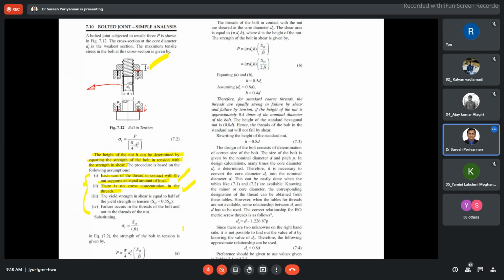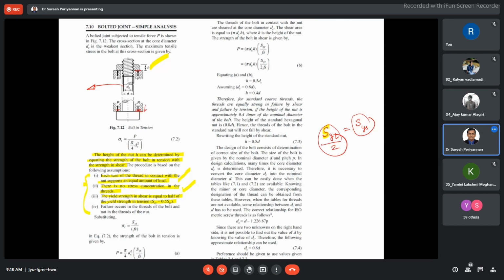The yield strength in shear is equal to half of the yield strength in tension. We already know that SYT divided by 2 is equal to SYS, the yield shear strength. That's what I told you: the concept is that failure by shear is equal to failure by tension. While considering failure by shear, we have to use this concept.